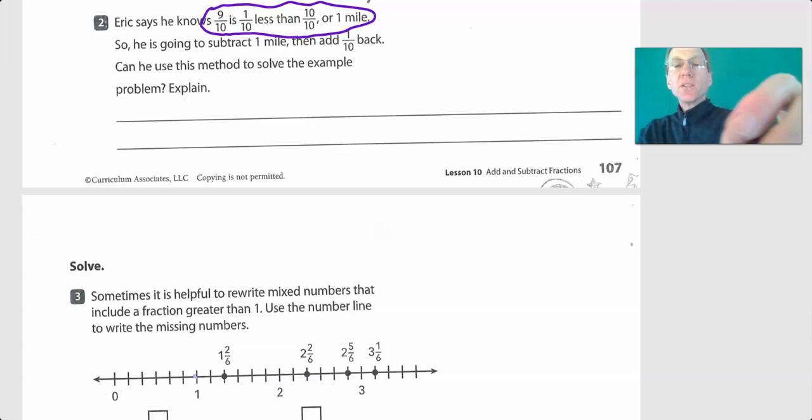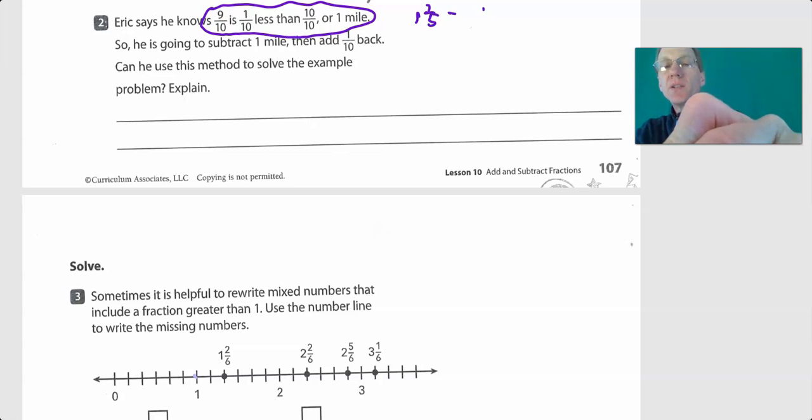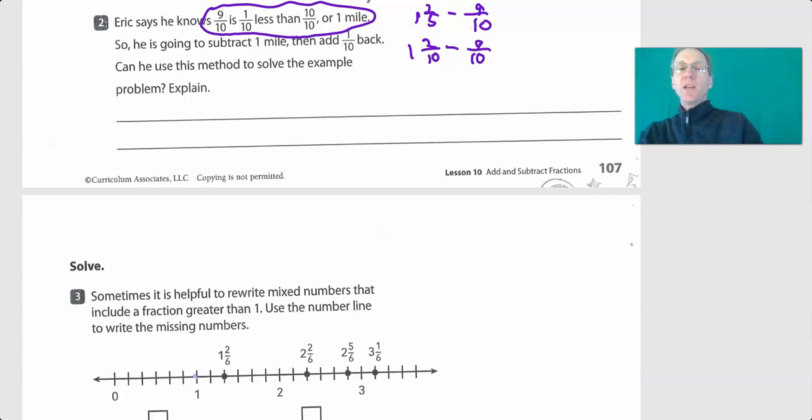Our example problem was 1 1/5 minus 9/10. And then we found our common denominator, 1 2/10 minus 9/10. So what Eric is saying is, hey, he's really using some good estimation.